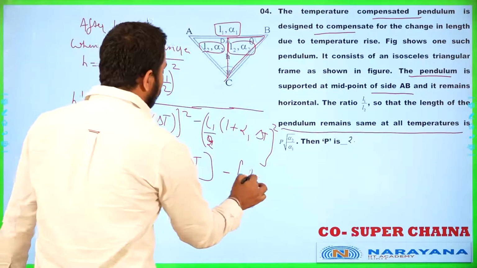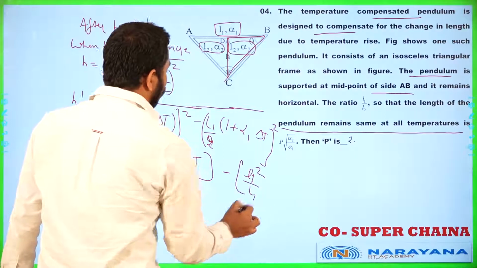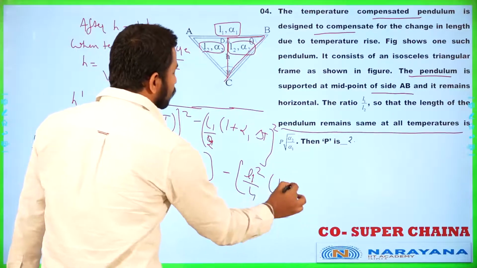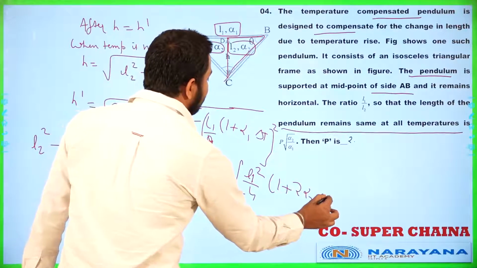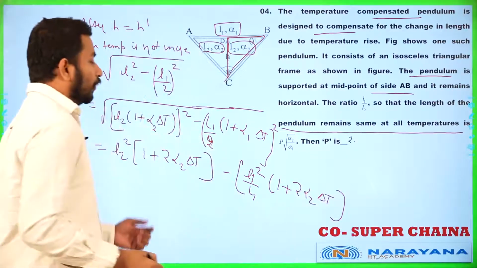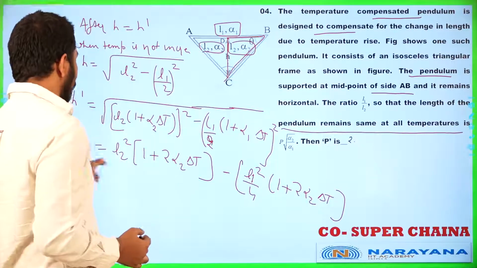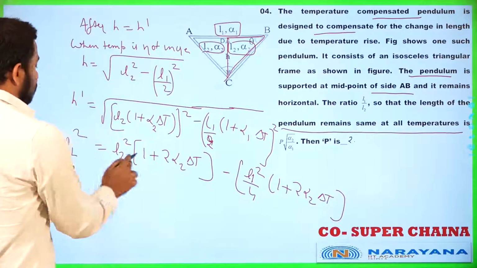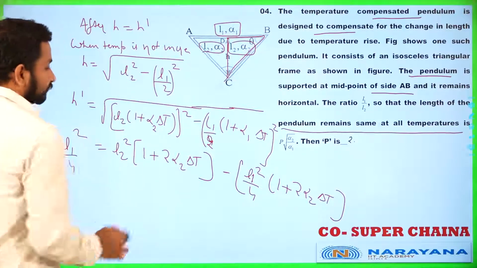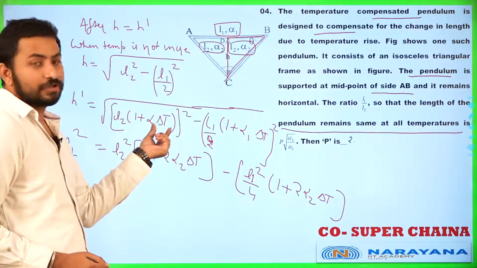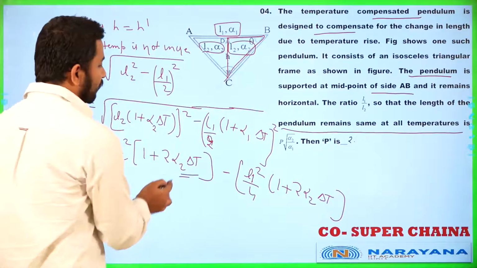So it will be L1 square by 4, and similarly I can write it for 1 plus 2 alpha 2 delta t, right. If I substitute it here, the L1 square and L2 square terms will be cancelled out. I have used the binomial expansion: for small values, 1 plus alpha I can write as 2 alpha delta t.